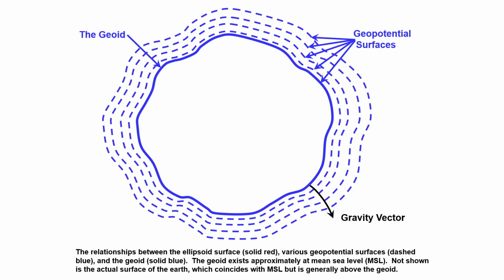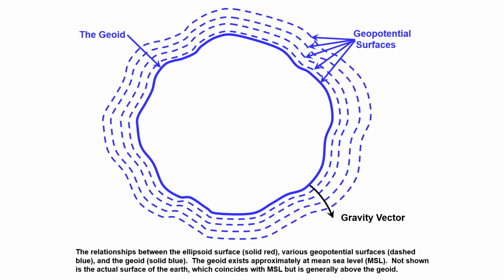The geoid or sea level is the main geopotential surface, and also we have a number of geopotential surfaces above sea level and below sea level.